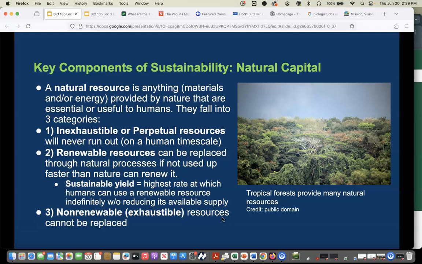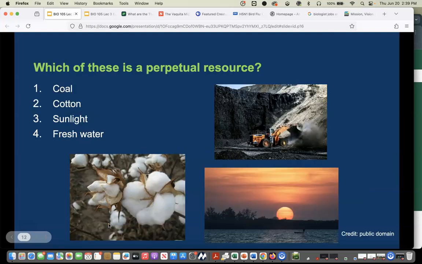They just simply cannot be replaced in human scale time, and we cannot use those at a rate that's renewable. So that's a non-renewable or exhaustible resource.